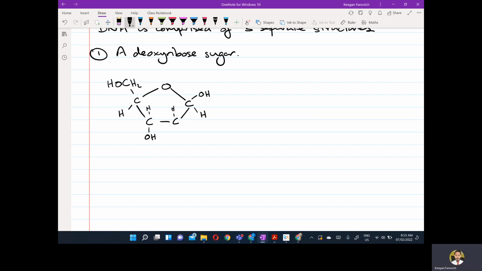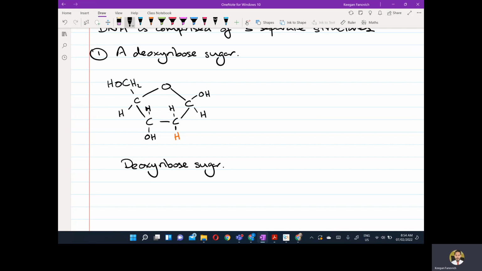So this is your deoxyribose sugar. If you weren't sure, it's actually missing the oxygen from this point here. This is why I didn't fill it in initially. What you'll notice at this point is that you have a hydrogen, just like everything else, as compared to if it was normal ribose, you'd have had an OH or a hydroxyl group there.